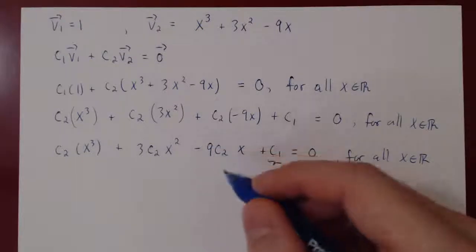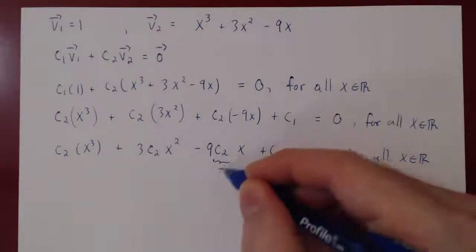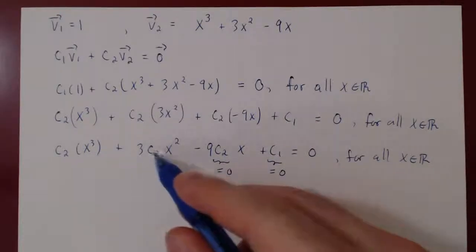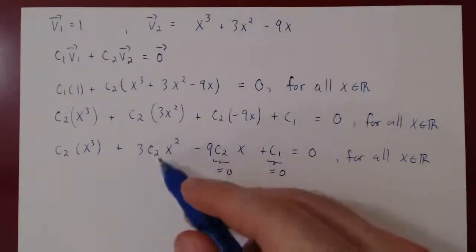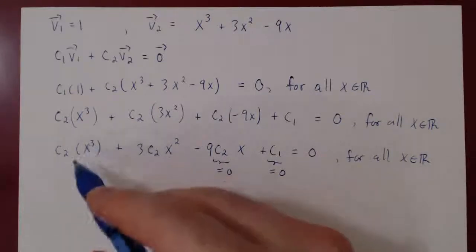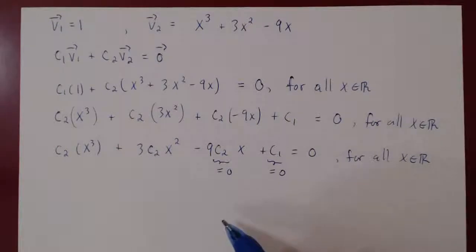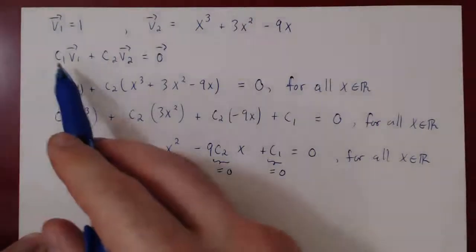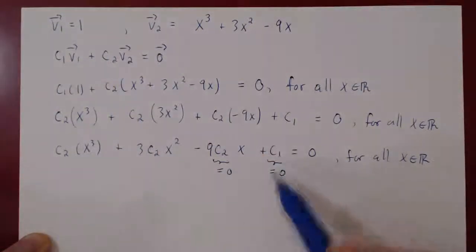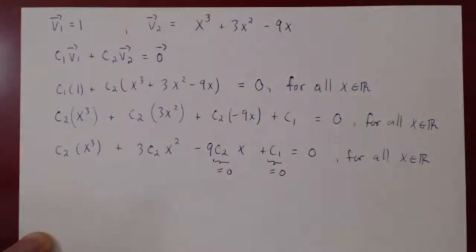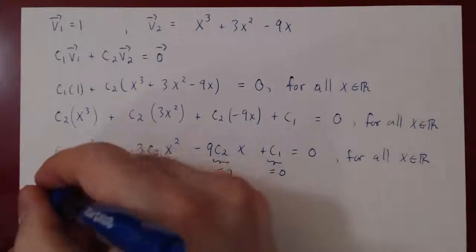But if negative 9c2 equals 0, c2 must be 0. And we could keep going, right? 3c2 must be 0. Therefore, c2 is 0. c2 times x cubed, c2 must be 0. But we already knew this. And so you see, the only way to solve this equation is if c1 is 0 and c2 is 0. Therefore, this equation has only the trivial solution.